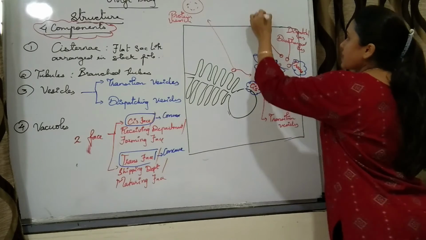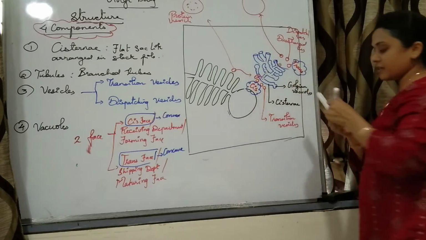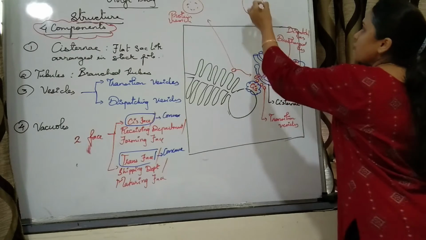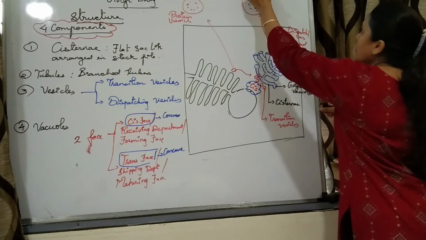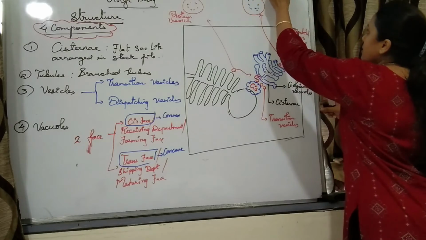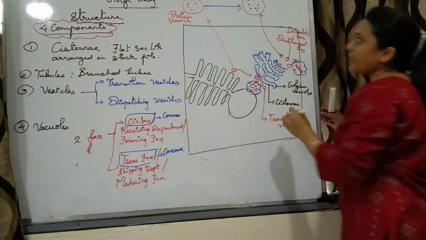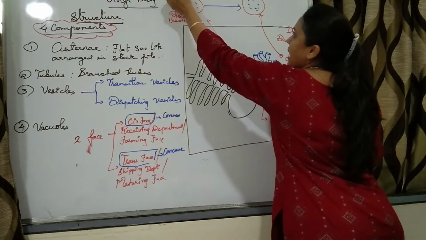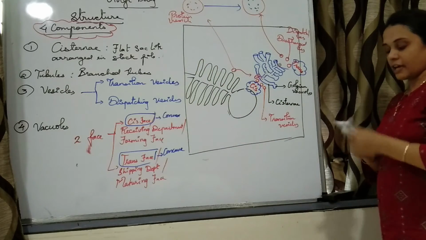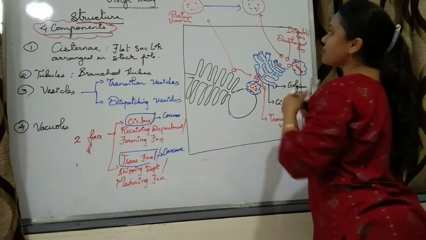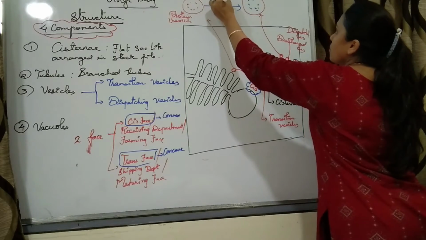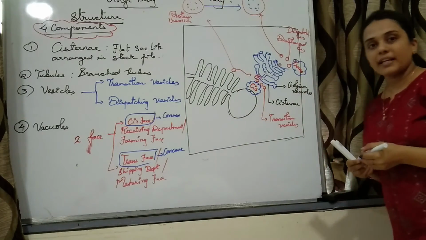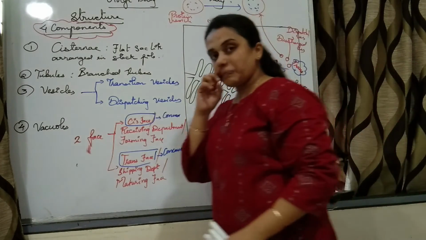So, what do these dispatched vesicles possess? These dispatched vesicles possess glycoproteins. From proteins, which came from the ER, glycoproteins are formed, and that function is done by the Golgi body. So now are you getting it? What is the function of the Golgi body?